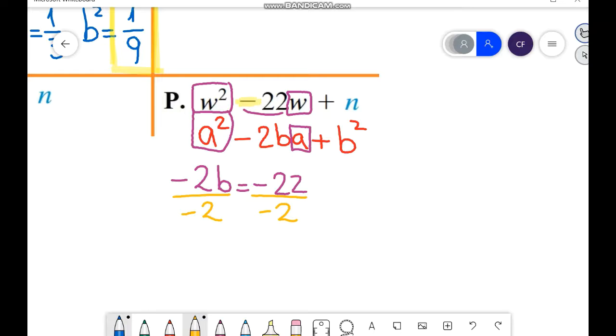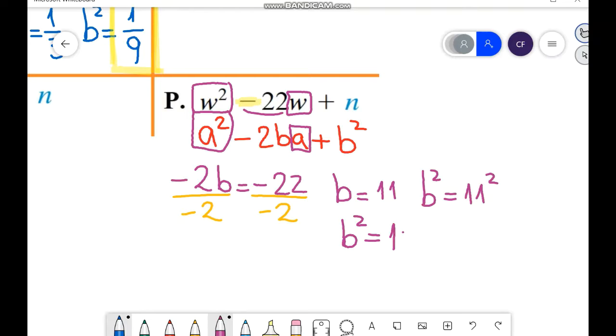Then b equals negative 22 divided by negative 2, which is 11. We need to find b squared. You can use your calculator. b squared is 11 squared, which is 121. This is the right answer.